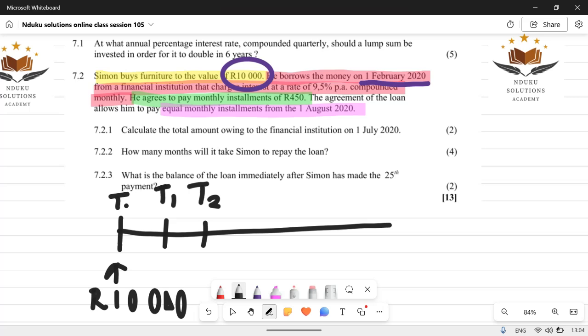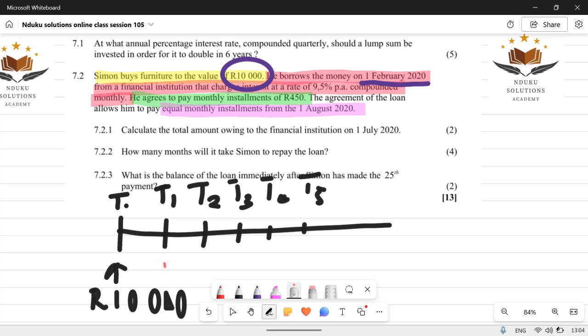And then let me just do this, T5. So this is where we borrowed the money. Next month we're supposed to start paying the money. So this was supposed to be the 1st of March, T1.